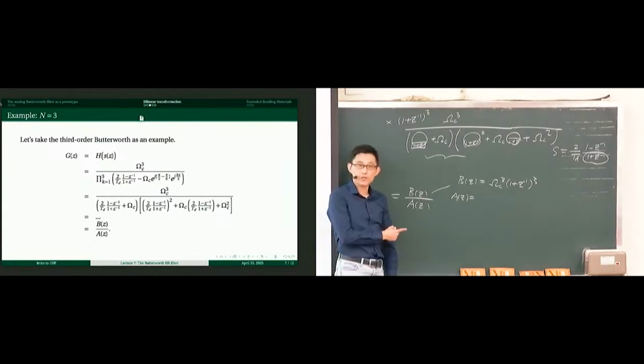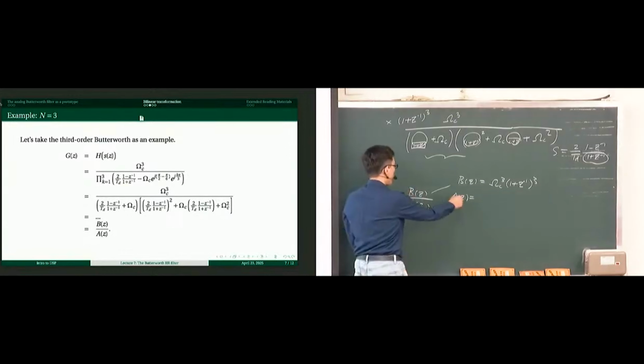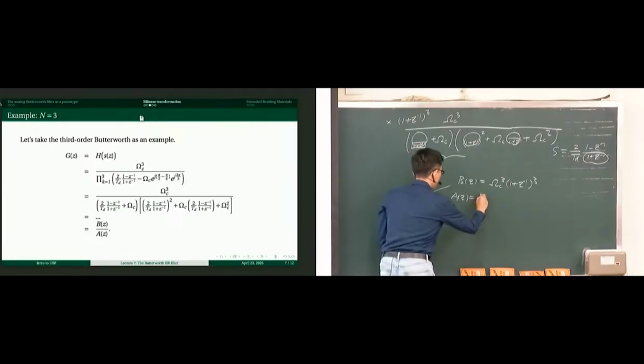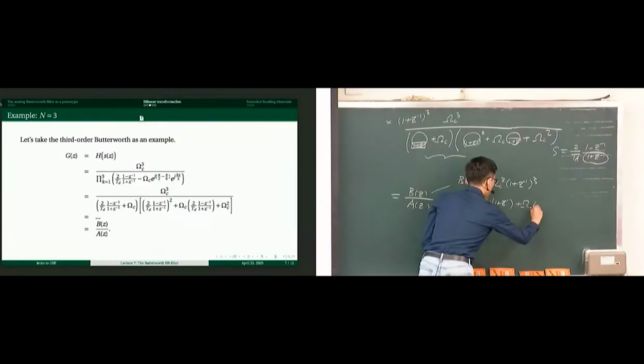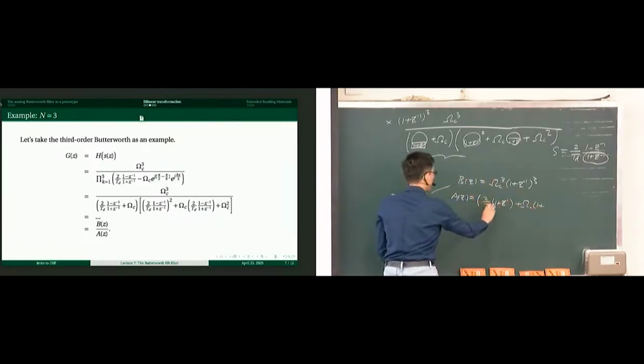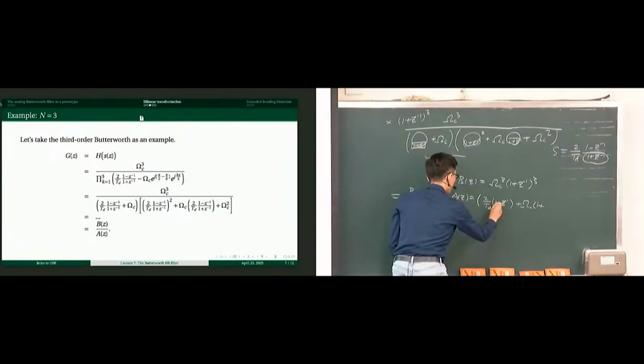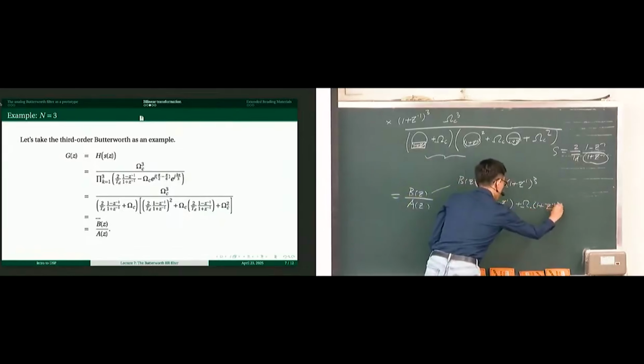MATLAB does it for you, but here the kind of derivation would be something like there's 2 over Td, 1 plus z inverse, and then plus omega c. There's also 1 plus, no. Yes, no. This is minus, sorry. That's minus, okay? You know what I mean.